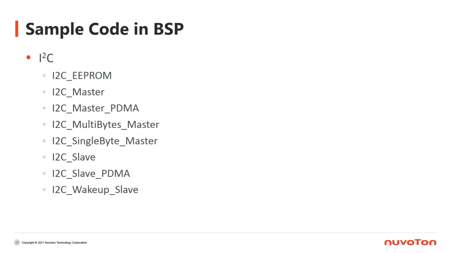Besides the APIs, we also have I2C sample code for your reference. There are EPROM accessing sample code, master mode sample code, I2C with PDMA sample code, etc. You may check our sample codes for more detailed information.